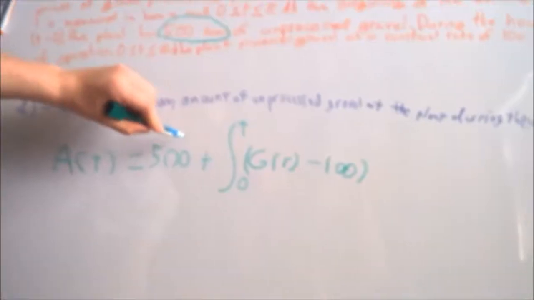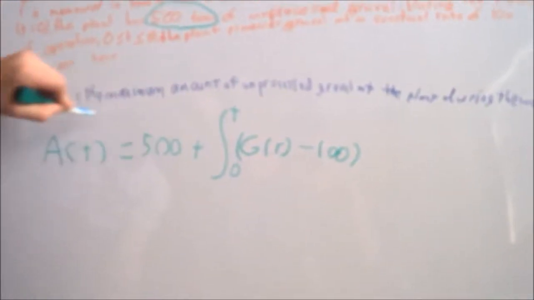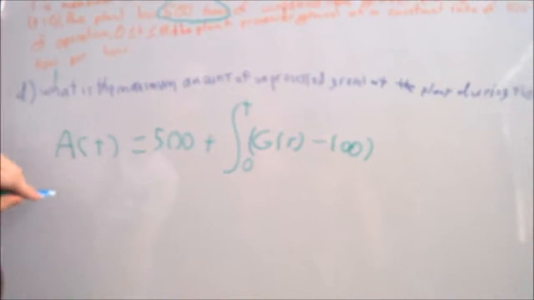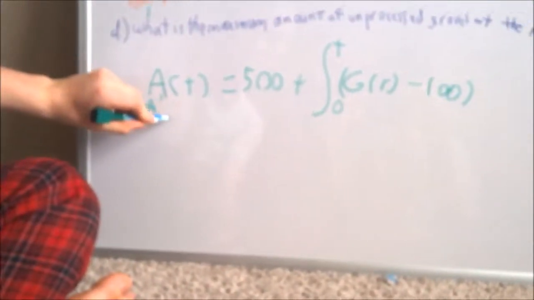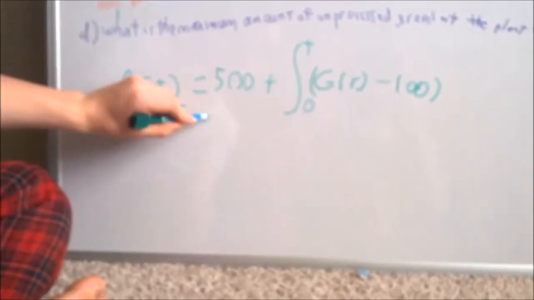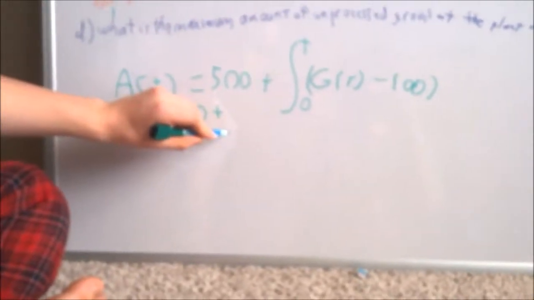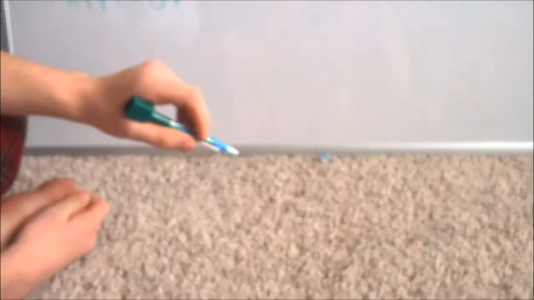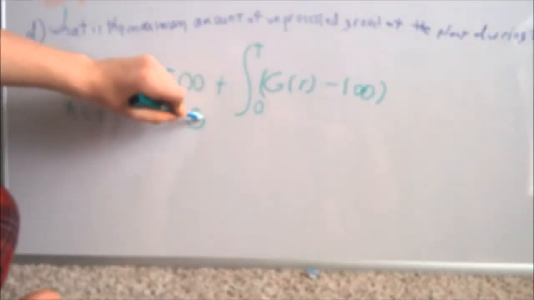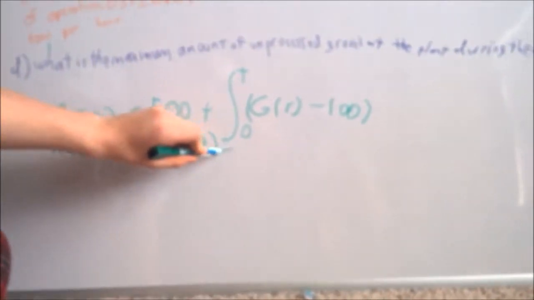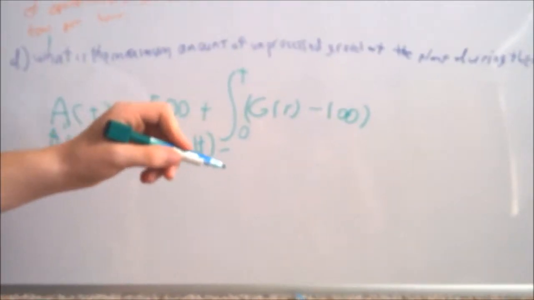First thing, constant non-multiplier, so this goes away. So A prime of t is going to equal 0 plus, not the integral, because the derivative of an integral gives a regular thing. You guessed it, unless you didn't, in which case I suggest trying harder. Minus 100.